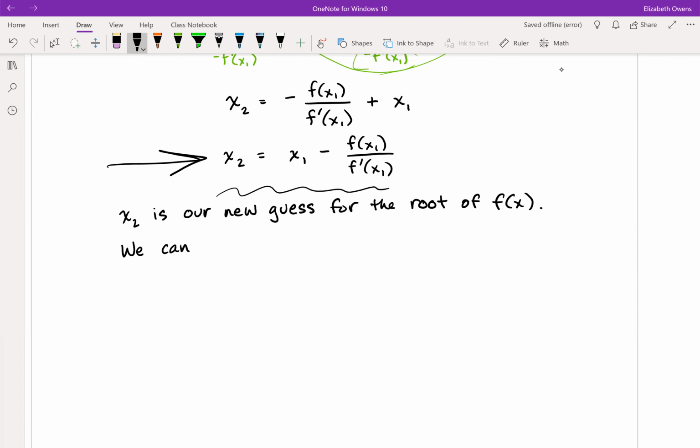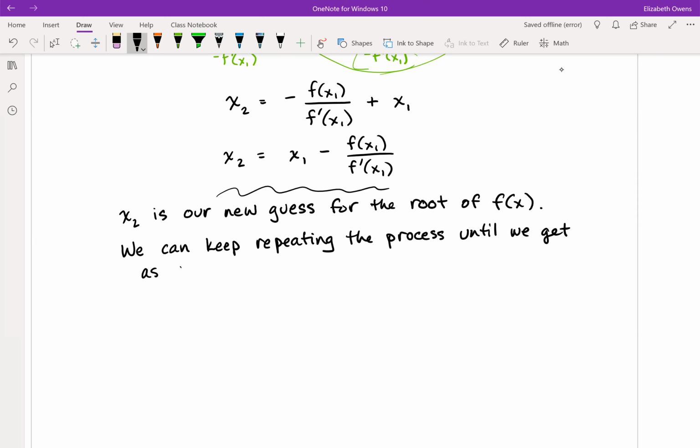You would end up with the same type of expression here, just for x3 instead of x2, and all the x1s would be x2s now. Okay, so we can keep repeating the process until we get as close as we need to the actual root.